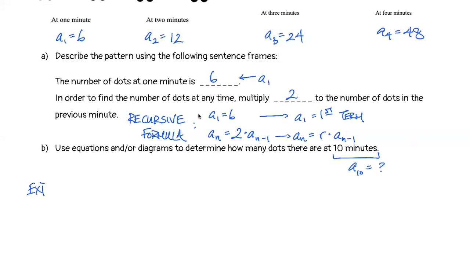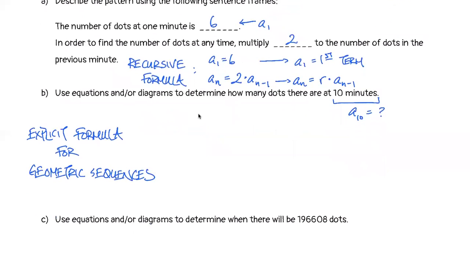So our explicit formula for geometric sequences looks something like this. A sub n equals a sub 1 times r to the n minus 1.